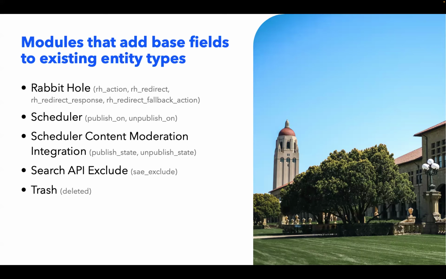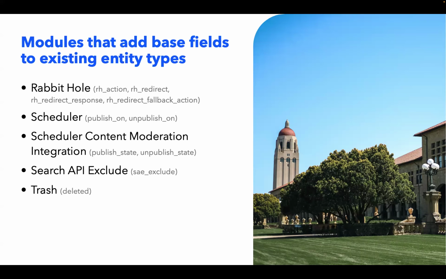The scheduler module, if you've used that, adds 2 additional base fields just to add a date for when a piece of content should be published or unpublished. And then scheduler content moderation integration, which is a submodule of scheduler, adds additional fields to keep track of what the published state and unpublished state is within the content moderation workflow.